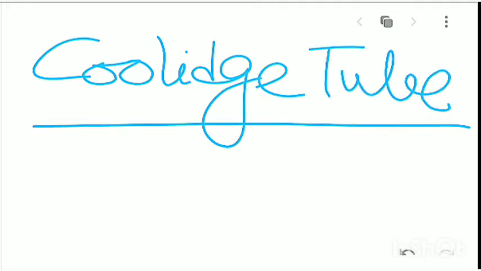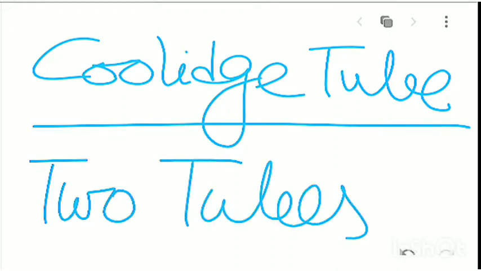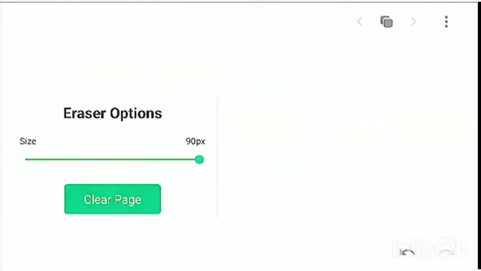Now, what is this Coolidge tube? This Coolidge tube is a hard glass tube, and two tubes are connected together inside the Coolidge tube. Let's see what they contain.